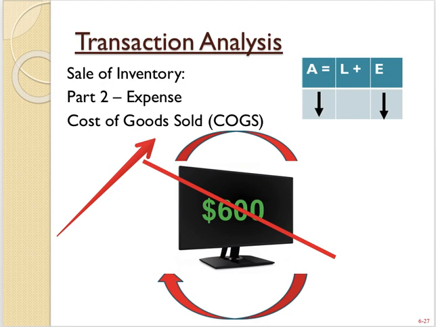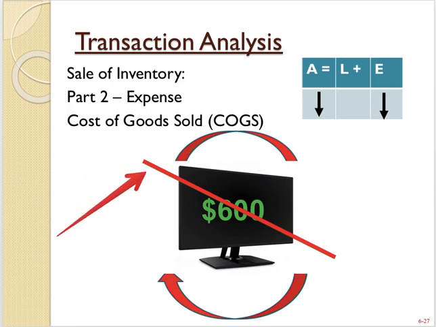They received something of value and then provided us with a promise to pay in the future. But when we talk about the expense, it's a little different because essentially what we're trying to record here is what we used up in the process of generating that revenue. And what we used up was those monitors that are now gone. Okay?